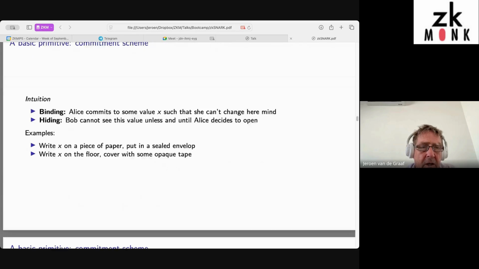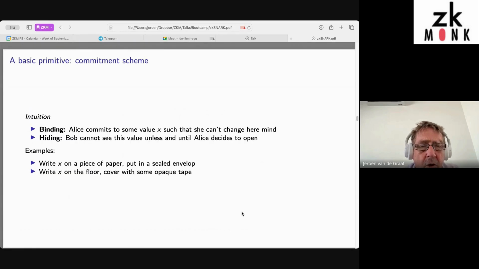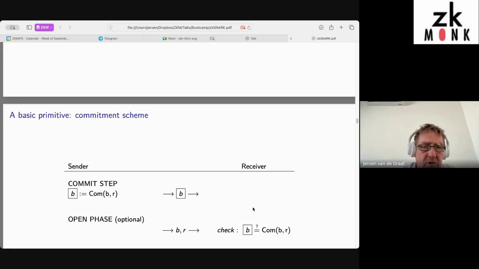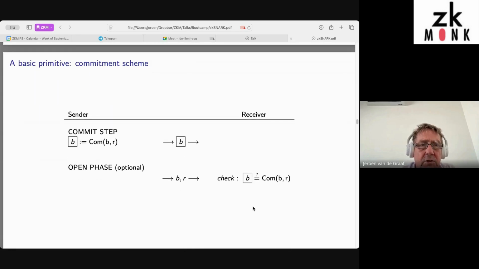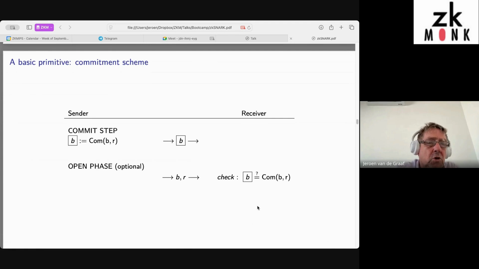Commitment binding. One thing you can do is a coin flipping protocol. Alice and Bob want to agree on a truly random coin. And one way you can do it is this.